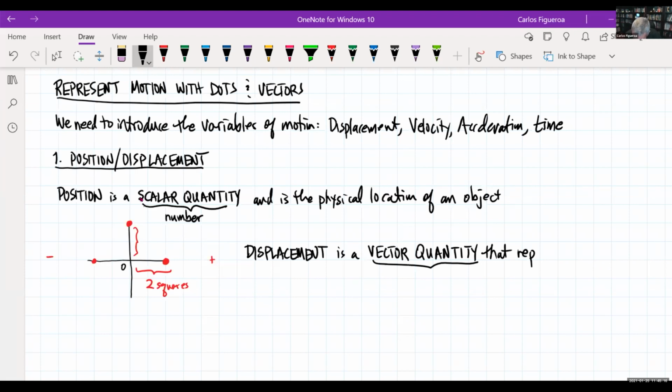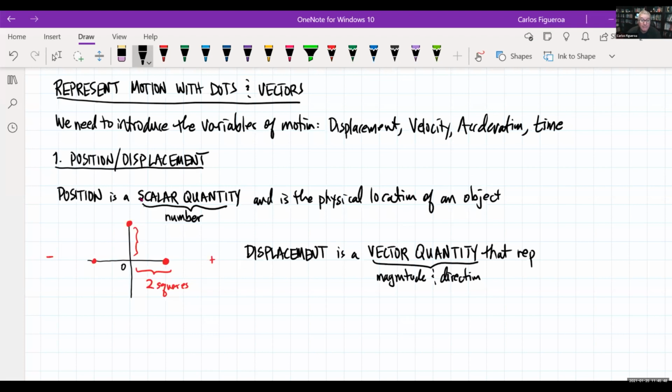I'll define these in a moment. It has what we call magnitude and direction. And what I mean by that, it has two characteristics. A scalar has one characteristic, it's just a number. A vector quantity has two characteristics. It has magnitude and direction, which I have not defined yet.